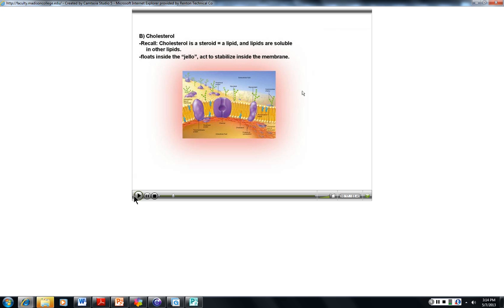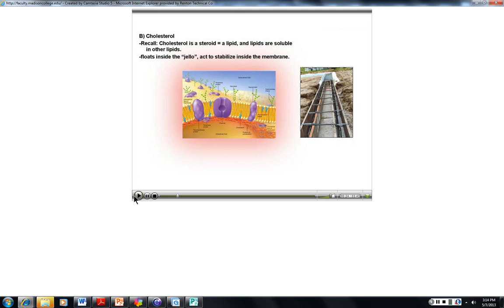Well, I want to describe the role of cholesterol to you as that of rebar. Rebar are these metal poles that we put inside of concrete in order to help concrete stay together. The concrete molecules don't stick to each other very well. Well, they do, but they tend to fall apart on the outside edges.